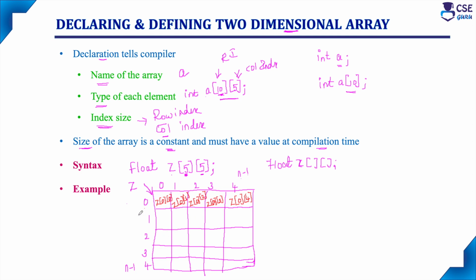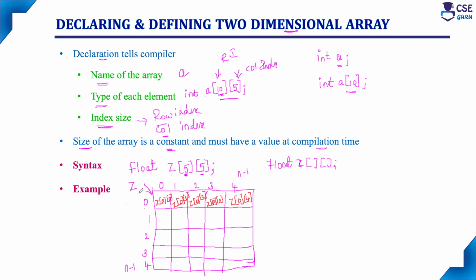So this is the 0th row, and the elements are arranged in columns: 0th row 0th column, 0th row first column, 0th row second column, 0th row third column, and 0th row fourth column.